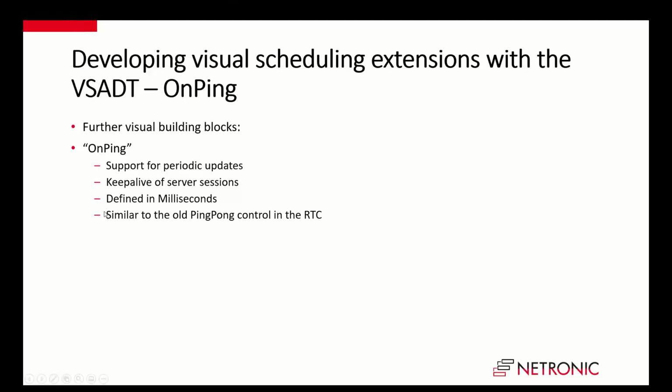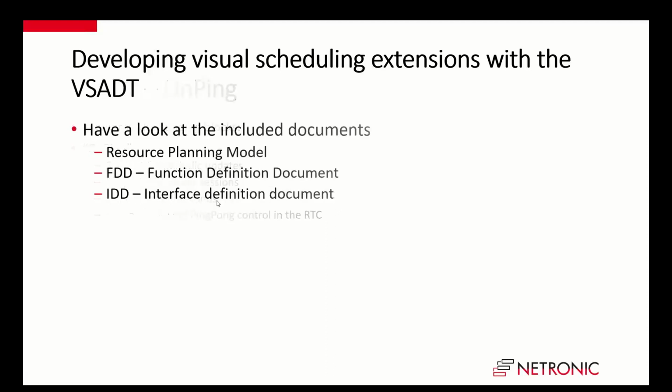This onPing trigger or event from the control add-in can be used, for example, to support periodic updates, so that on every event, when the onPing event comes up, you do an update of the planning board. You can define how often this onPing event should show up in milliseconds.